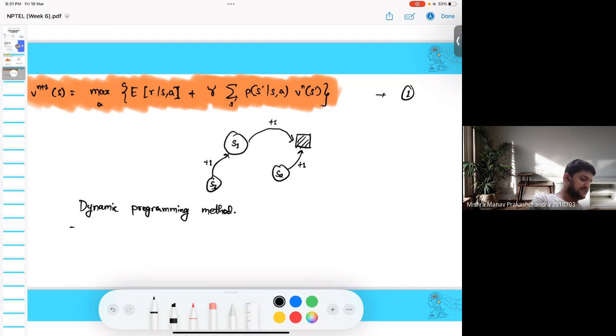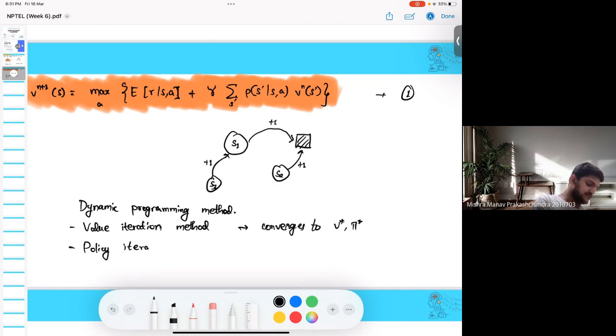Okay, so we saw two different types of value computation method. One was the value iteration method, which converges to V star and pi star. Similarly, we had the policy iteration method, and again, this also converges to my V star and pi star.